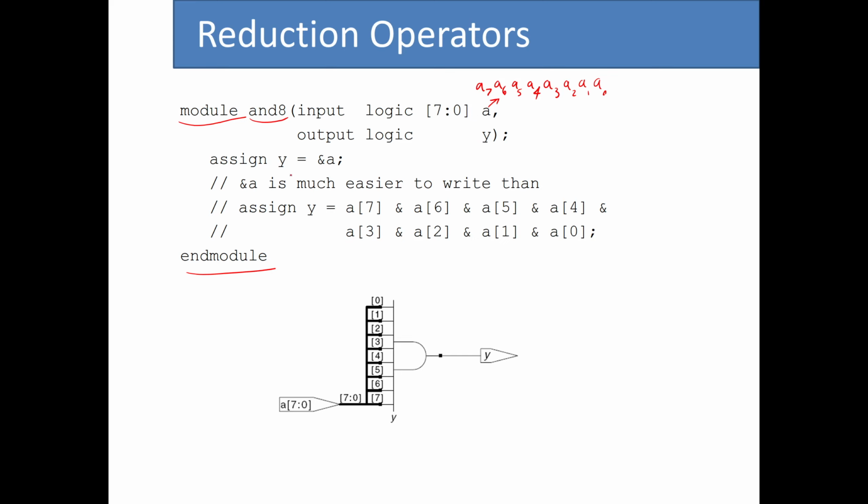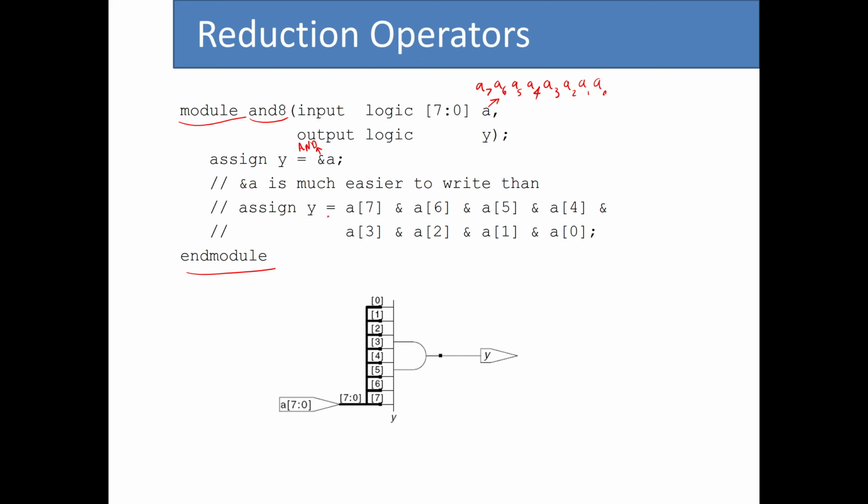So when we say assign y equals AND sign A, remember this was the AND operator, that tells SystemVerilog that we want to AND all the individual bits of variable A and create a value and then assign it to y.